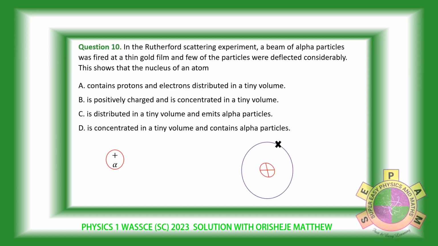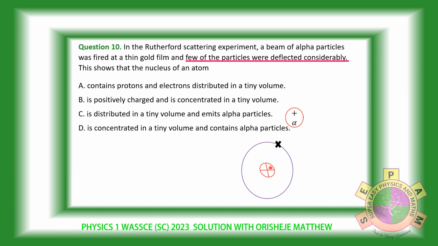Question 10. In the Rutherford scattering experiment, a beam of alpha particles was fired at a thin gold film and few of the particles were deflected considerably. This shows that the nucleus of an atom. So if we fire this alpha particle at this nucleus, it's deflected from this.